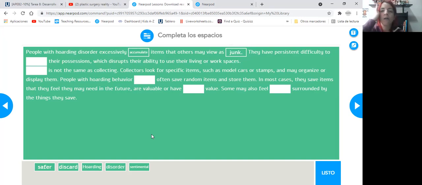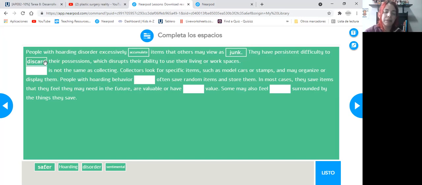Okay, now they have persistent difficulty to discard their possessions. What is difficult for hoarders? To discard. Very good. Their possessions, which disrupts their ability to use their living or workspaces.